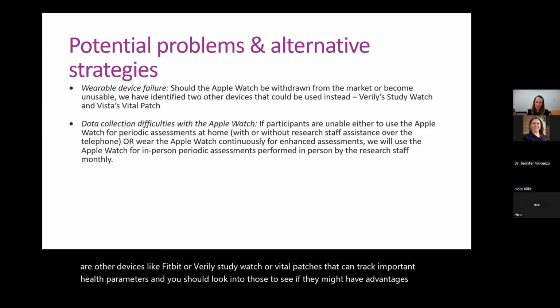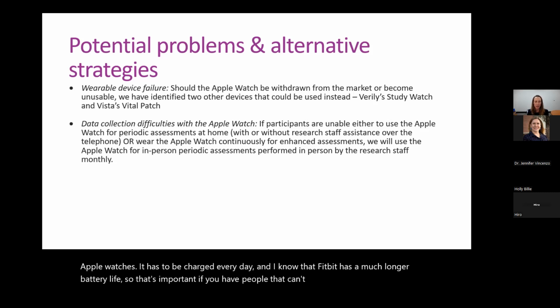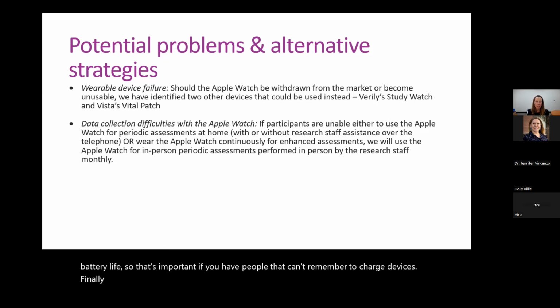For instance, one of the drawbacks of the Apple Watch is it has to be charged every day, and I know that Fitbit has a much longer battery life, so that's important if you have people that can't remember to charge devices.